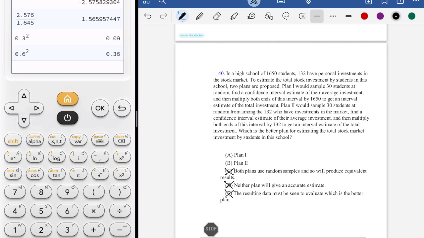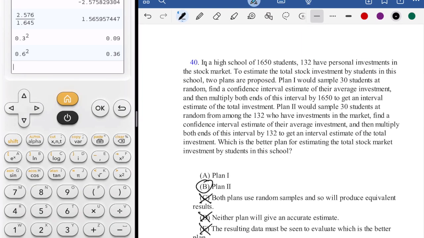I would lean towards Plan 2, and that's what I'm going to select. In the high school of 1,650 students, 132 have personal investments in the stock market. That's a key component. You're already looking at such a small sample of the population. In Plan 1, I'm going to select 30 students at random from the 1650 and then apply what we get there to all 1650 students.